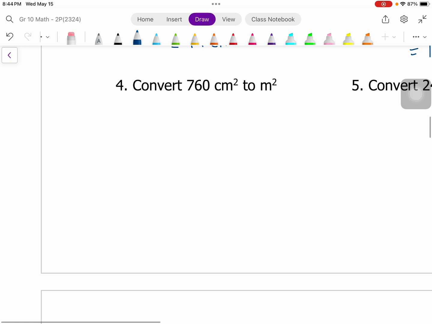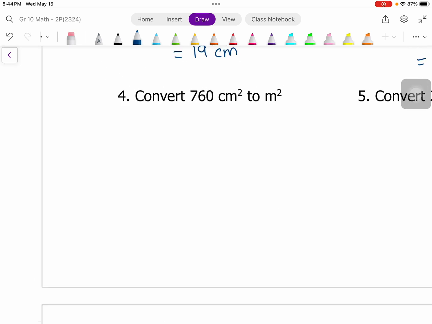Next example, this one is an area one. We are going to convert 760 centimeters squared to meters squared. I need to know how many meters squared are in centimeters squared. The conversion chart tells us that 1 meter squared is equal to 10,000 centimeters squared.